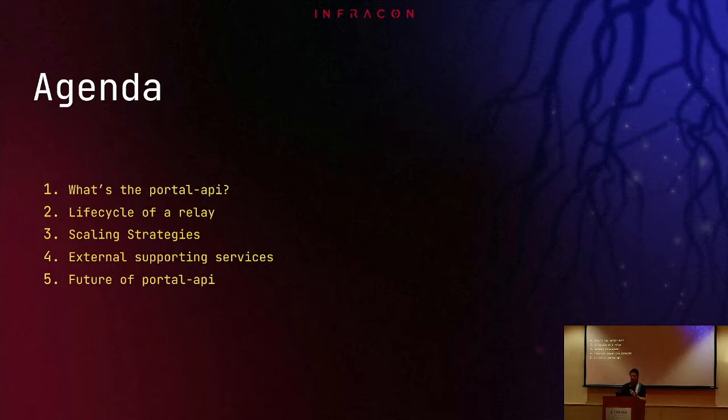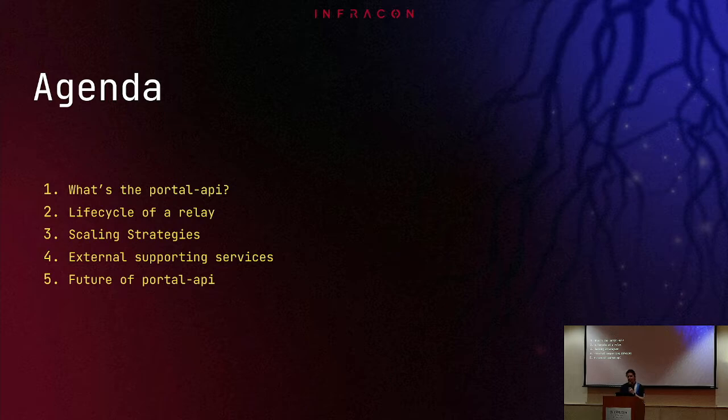To get into the topic, here's an agenda of what I'd like to cover during this presentation. The first thing we want to talk about is what the Portal API is, how it came to be, and its main features. Then we're going to go through the life cycle of a relay and what happens when an end user tries to send a relay to the Portal API.